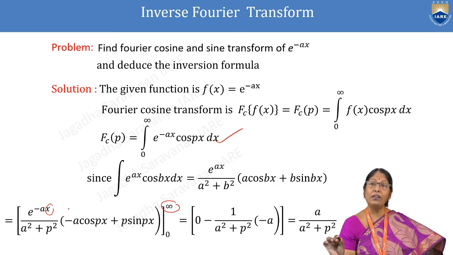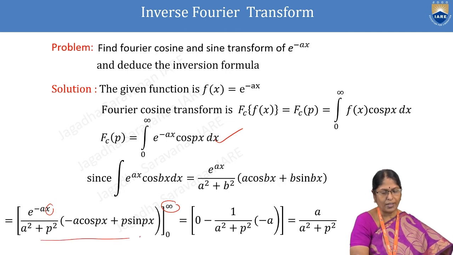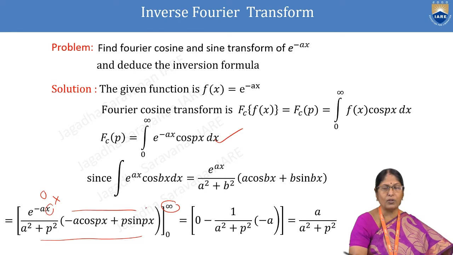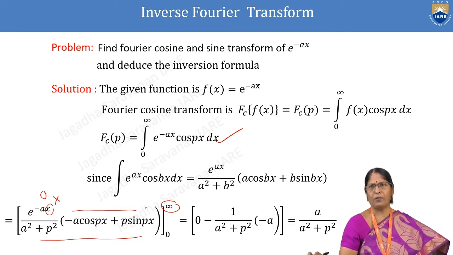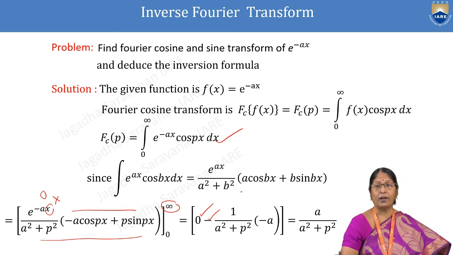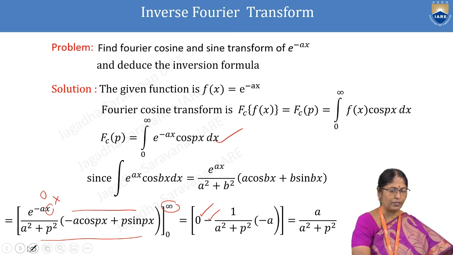So e power minus infinity has become 0, and 0 into any term is 0. So for the upper limit we got the value 0. This is the formula minus. Next we will apply the lower limit in this place.